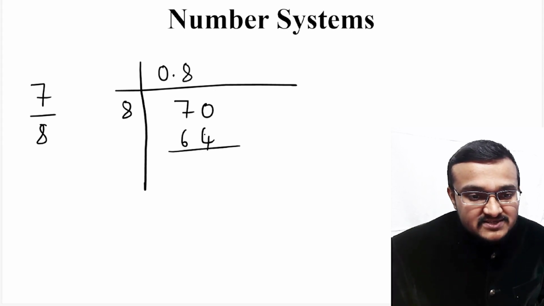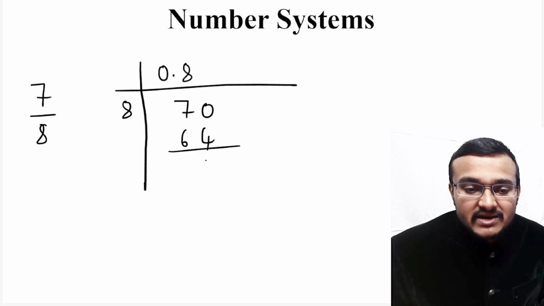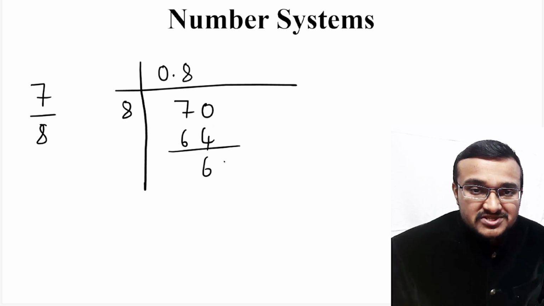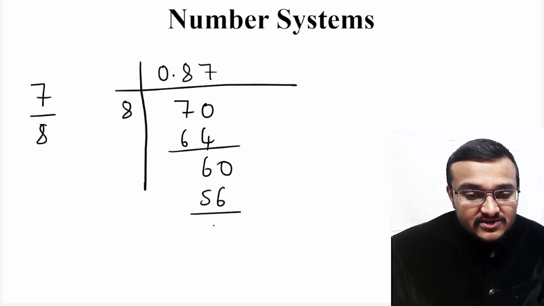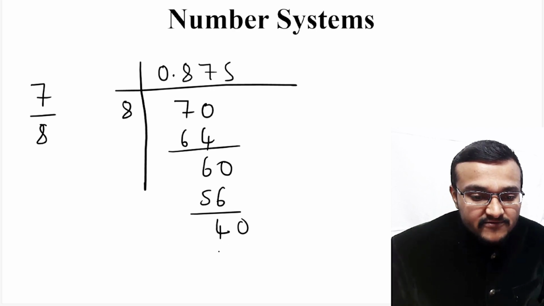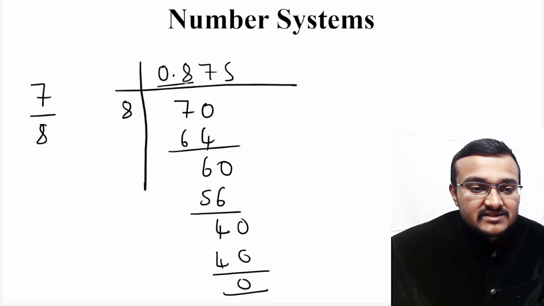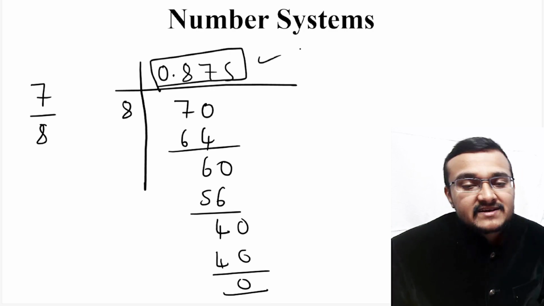When you subtract 64 from 70, you are getting remainder 6. Again, because we have taken the decimal point, you can take 0 here. So 8 7s are 56. Again you are getting 4 over here. You can take 40. 8 5s are 40. So here also you can see you are reaching 0. That means the quotient has a finite value.